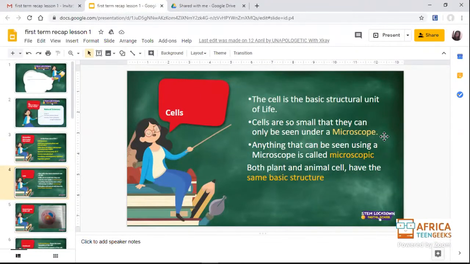They were lazy. So anything that can be seen using a microscope is called microscopic, meaning that it cannot be seen by our naked eye, and therefore we need a microscope to help us see it.